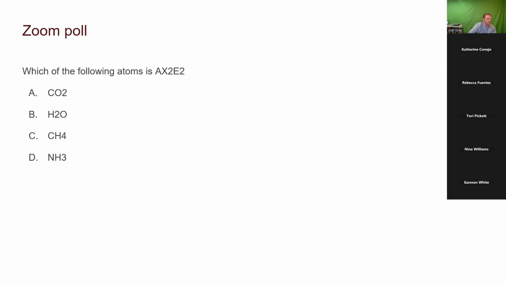This is the sort of question that would be a good one for going through the whole process. What I'm looking for is something like this: A, X, X, and then boom, boom to represent my lone pairs of electrons.